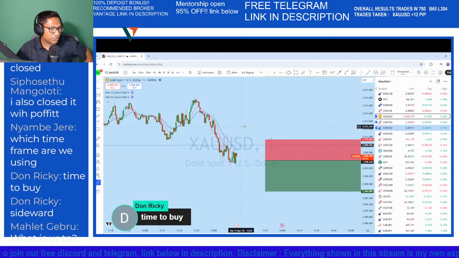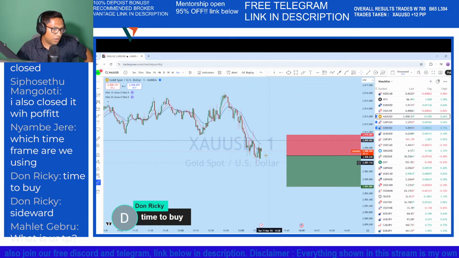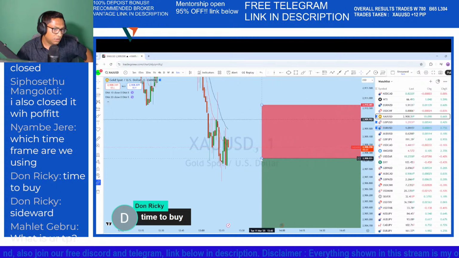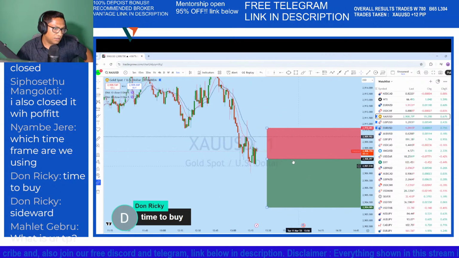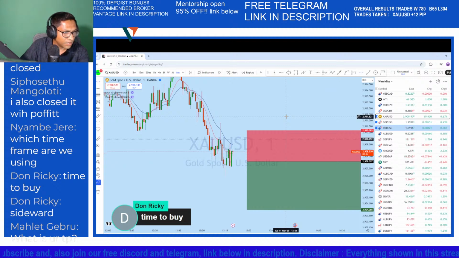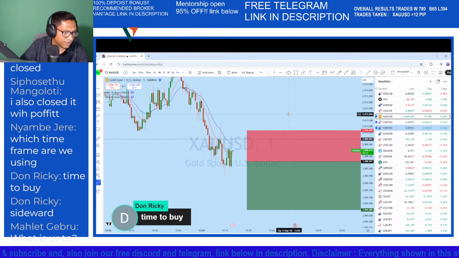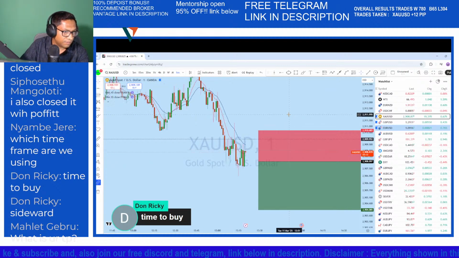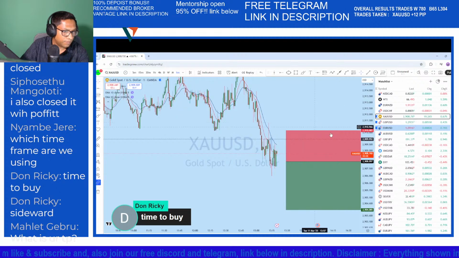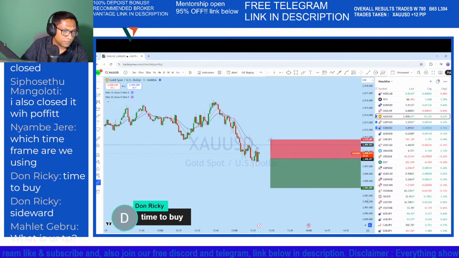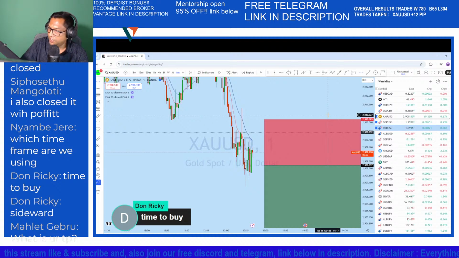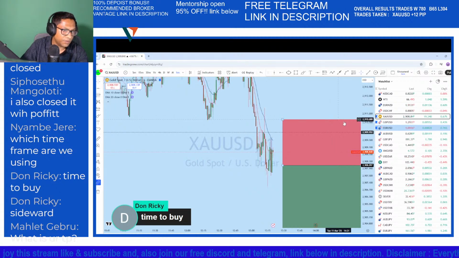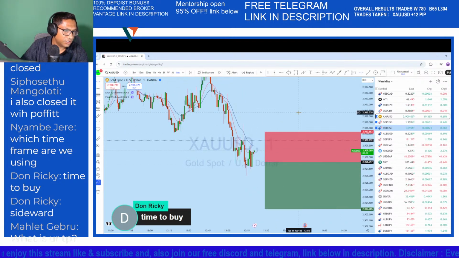This kind of structure normally forms for a potential breakdown, and with that breakdown, we see that the market in fact... Risk management is the key, guys.